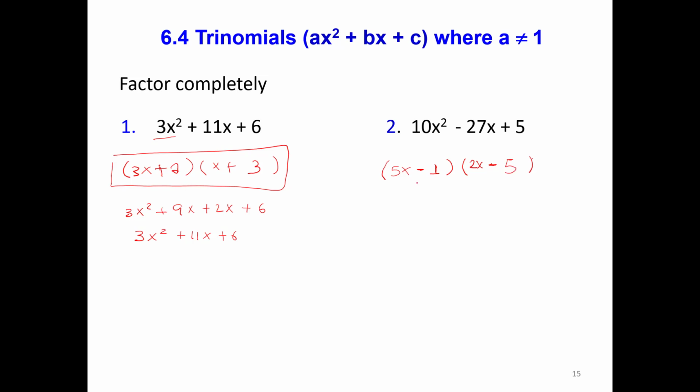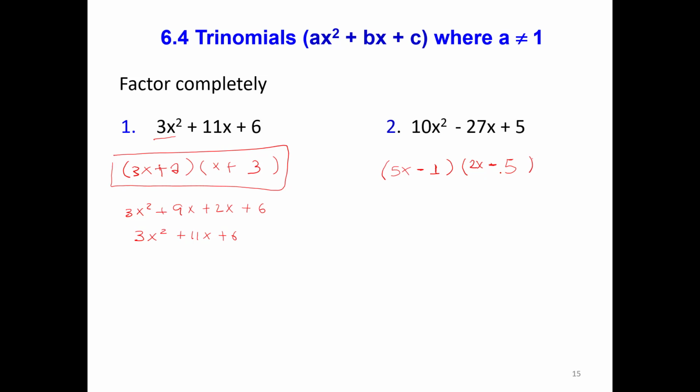Then 5x minus 1, 2x minus 5. And now we need to multiply to see if this is the right answer. We need to FOIL. And let's see if this is right, or if we need to maybe change 5 here and 1 at the end.